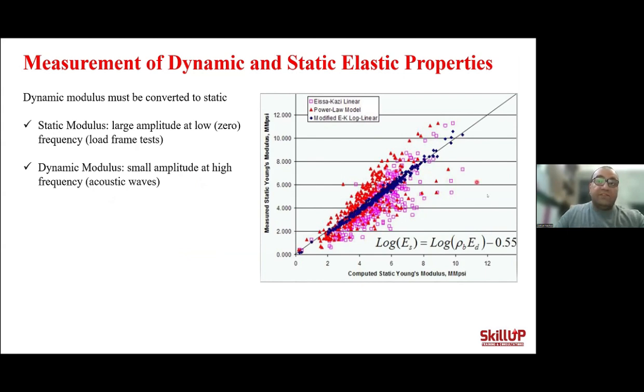With this correlation, you can convert the dynamic Young's modulus coming from logs to the static Young's modulus to build your frac model. What if you don't have this correlation? You have to build it. You have to build your local correlation based on your core and your actual lab tests. And this is very crucial to calibrate any frac models.